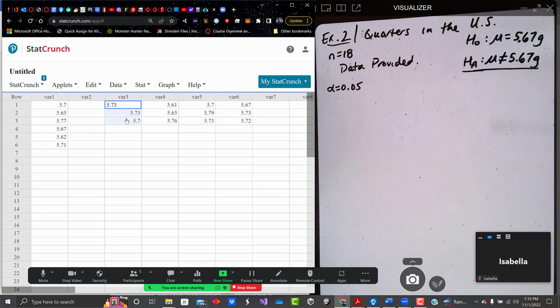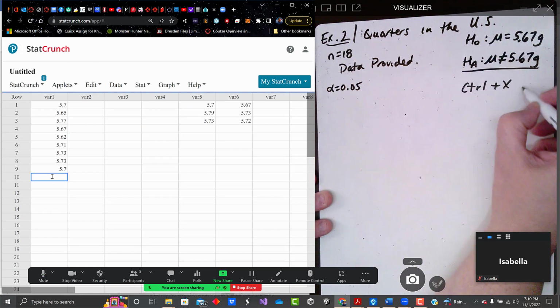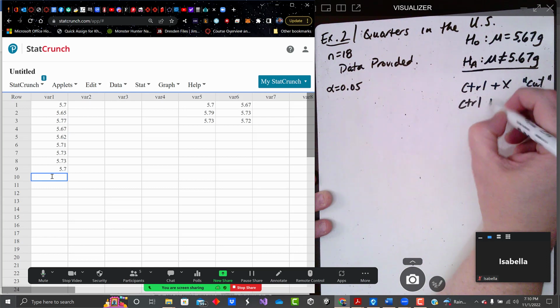Oh, look at this. I can. So on a Windows computer, if you highlight them by selecting the squares, if you hold down the Control key and hit X, it cuts. So Control plus X to cut. And Control plus V to paste.